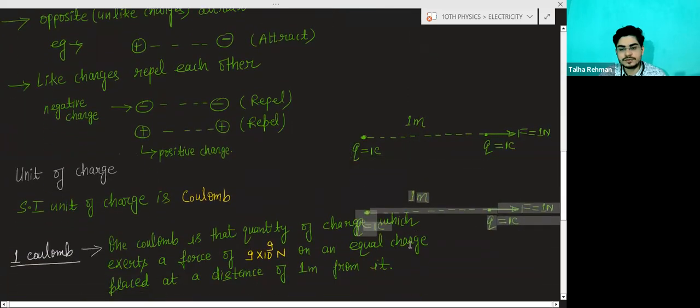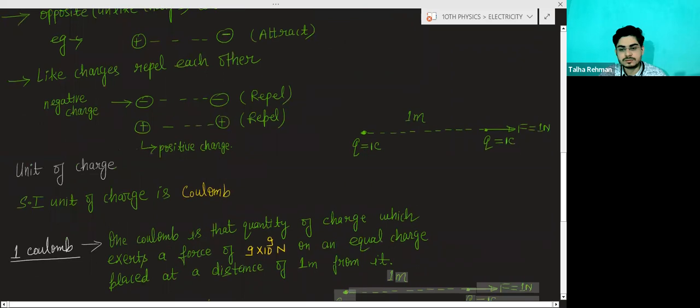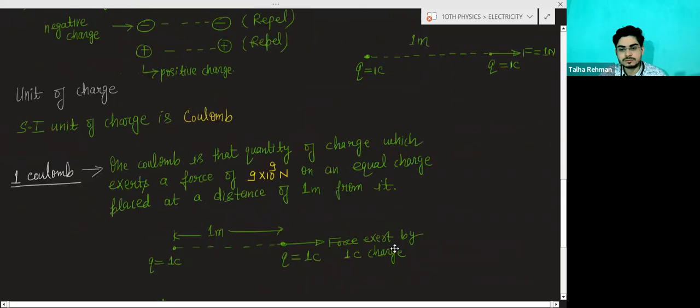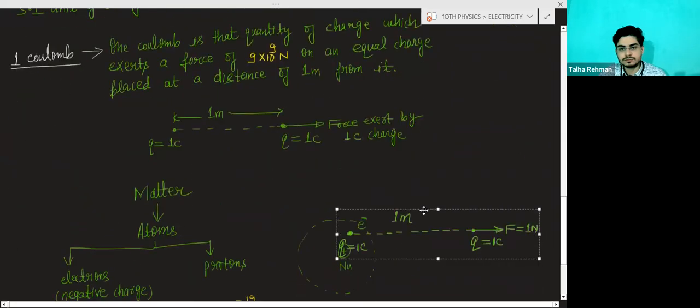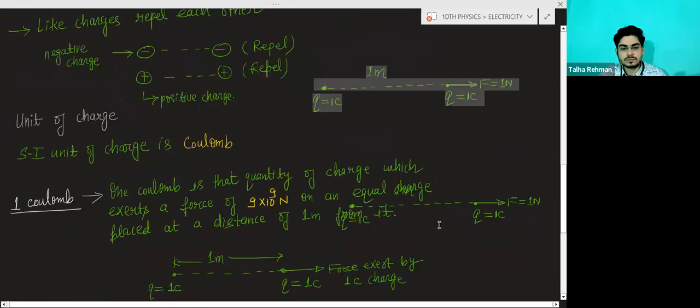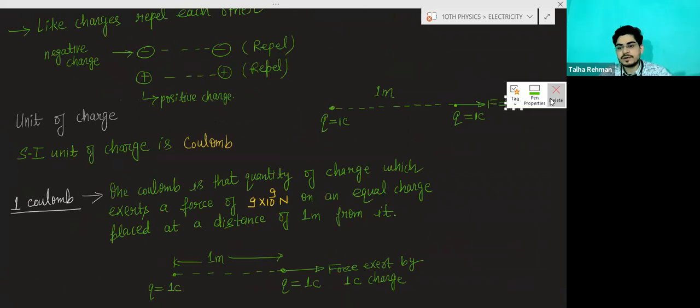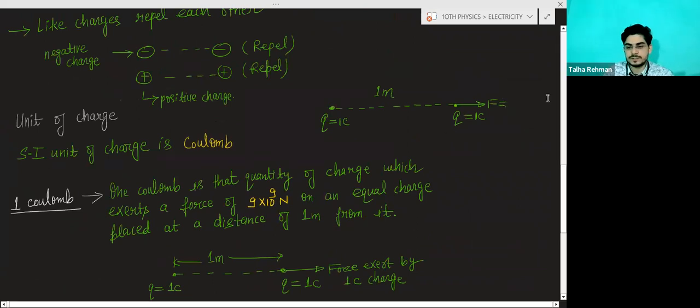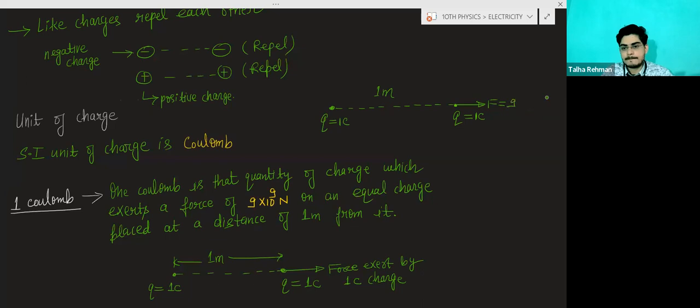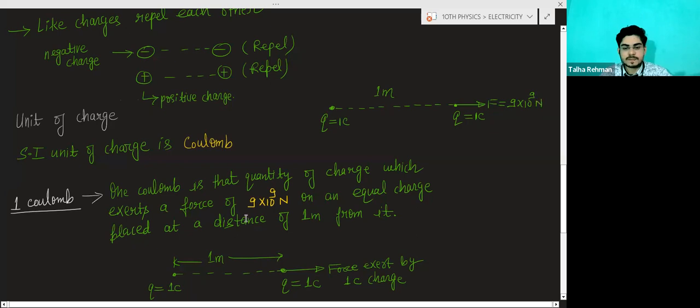So you can write the definition. One coulomb is that quantity of charge which exerts a force of not 1 Newton, but 9 into 10 to the power 9 Newton. Remember this.